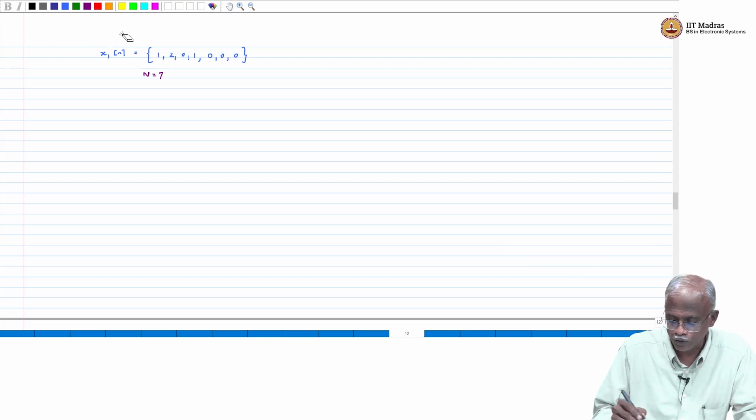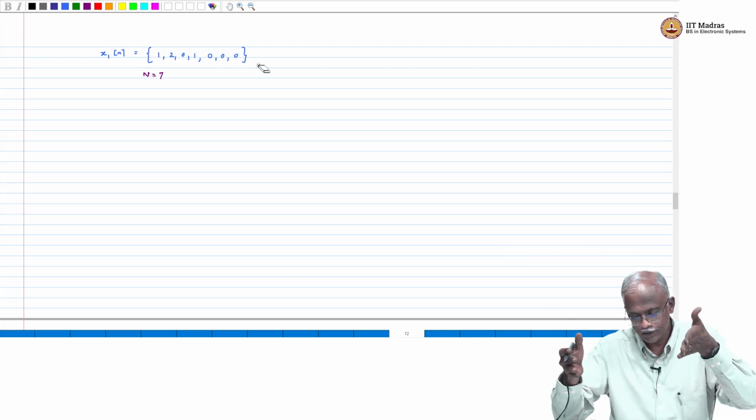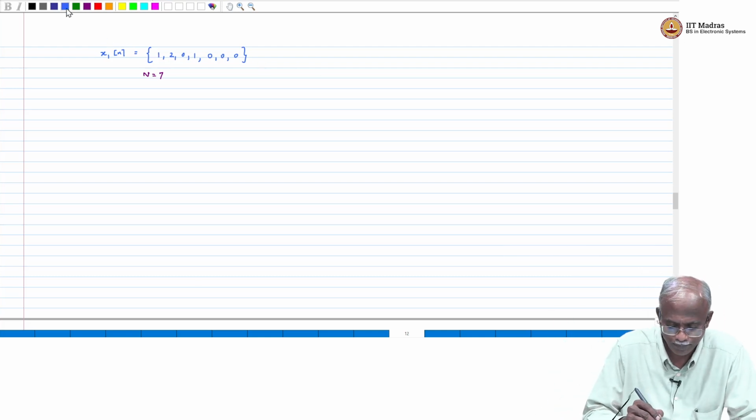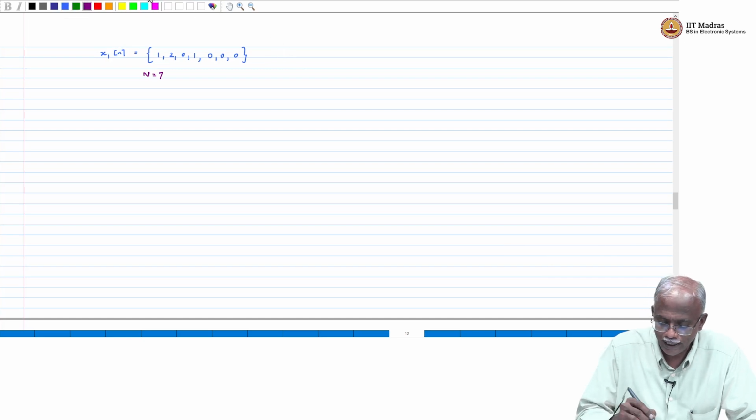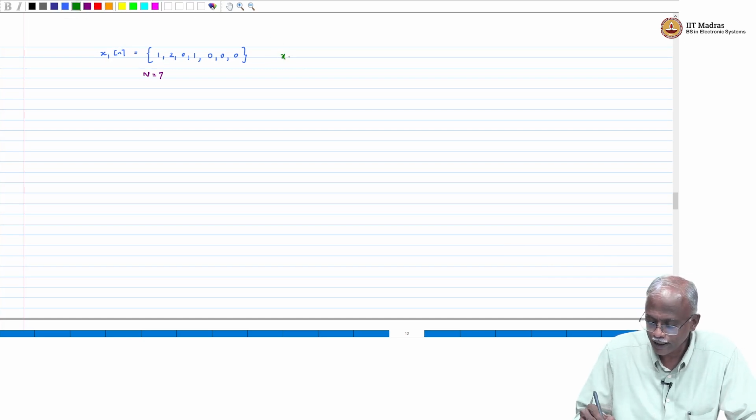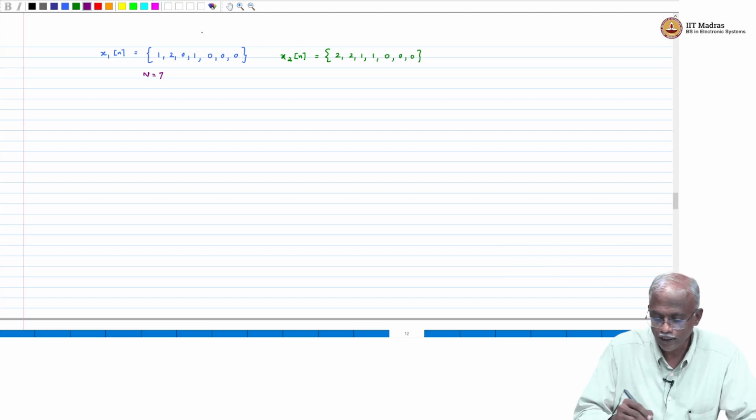We're just looking at one period, so there's no need to represent it as a periodic signal. Similarly, I'm going to write down the second sequence x2 of n as the sequence that we had before, 2, 2, 1, 1, appended with 3 zeros. This is also N equal to 7.